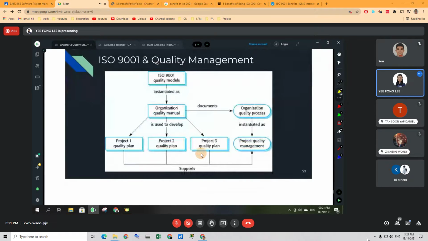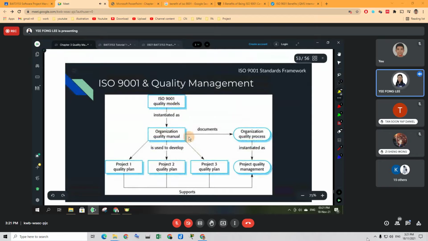Next diagram here. This one shows the relationship between ISO 9001, the organization's quality manuals, and an individual project quality plan. Some software customers demand that the software supplier must be ISO 9001 certified.